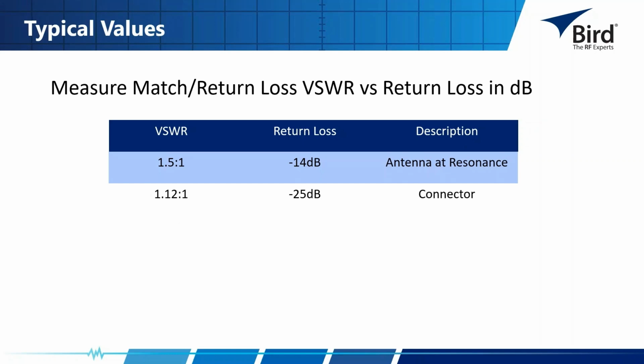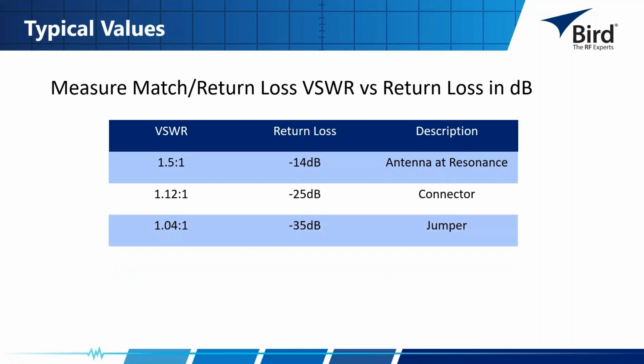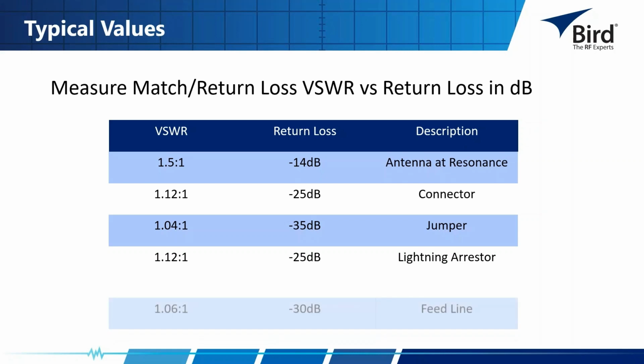A connector typically comes in at 1.12 to 1 VSWR, or negative 25 dB on the return loss scale. A jumper, 1.04 to 1 VSWR, or negative 35 dB on the return loss scale. A lightning arrestor, 1.12 to 1, or negative 25 dB on the return loss scale.